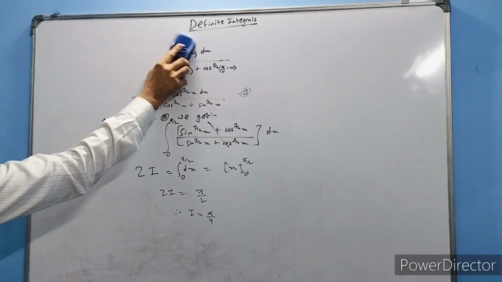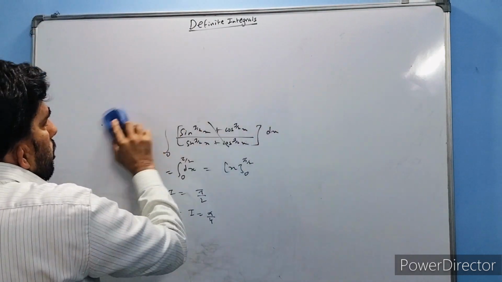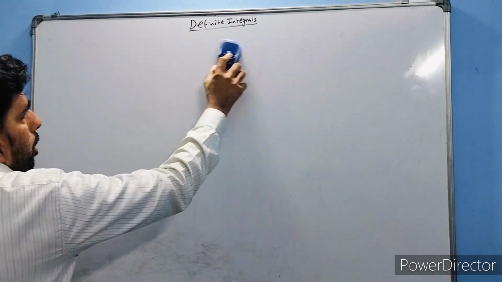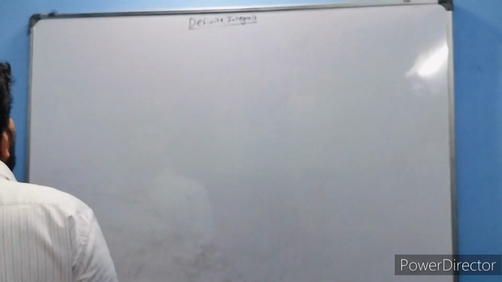Three numericals we have solved. Now let us try to solve the fourth one.